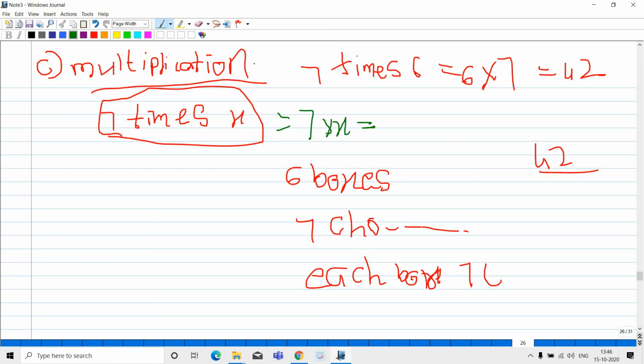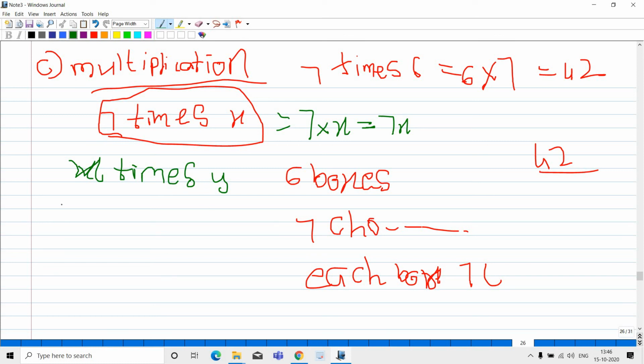7 into x, 7x. So like this we multiply, which means we combine the algebraic expression in multiplication. What do we do with variables? For example, x times y, I am writing x times y. There is no constant number here.